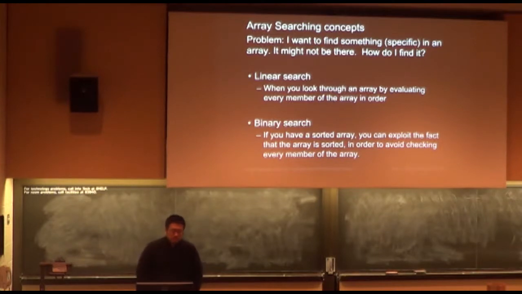The reason why we learn these two searches and not the many, many other kinds of searches there are is because the linear search and binary search illustrate two different possibilities that can be achieved with searching that are qualitatively different. So linear search is a search that you perform when you look through an array by evaluating every member of the array in order.